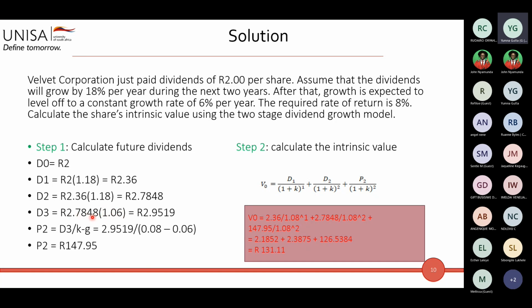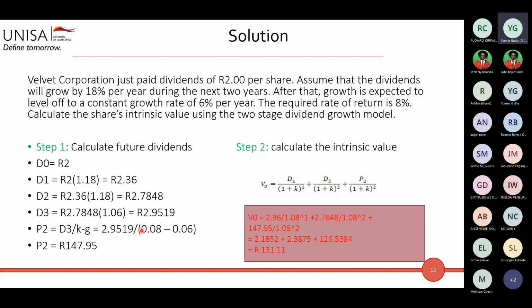In D3, the dividend is expected to stabilize at 6%, right? So we say times by 1.06, you get 2.9519, right?